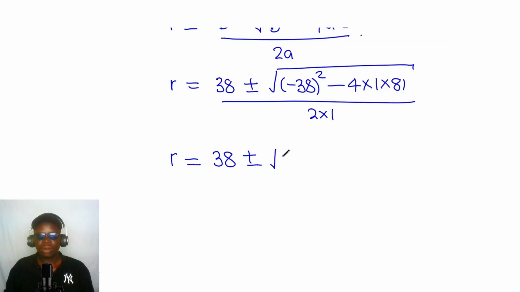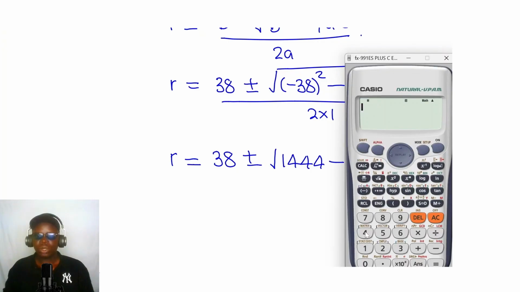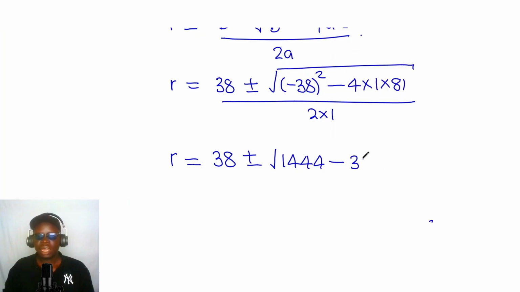So inside our root sign we have 1,444, and we subtract away. Let's multiply 4 times 1 is 4 times 81, we get 324. We just say minus 324 inside our square root, and we divide this by 2.